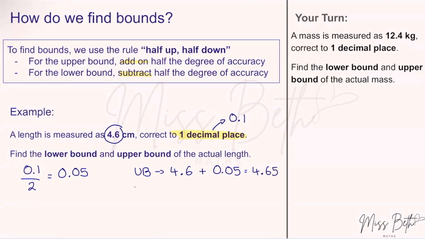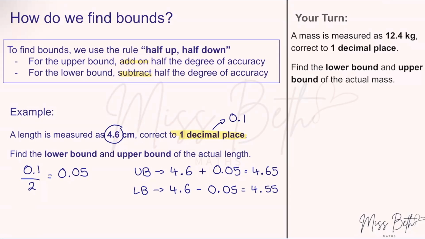And then for the lower bound, you take the actual length and you subtract half the degree of accuracy. So you're subtracting 0.05 here. 4.6 subtract 0.05 would give us 4.55. So your lower bound is 4.55, upper bound is 4.65.